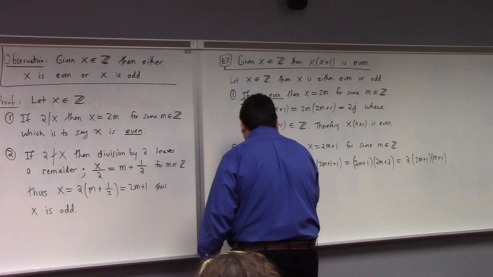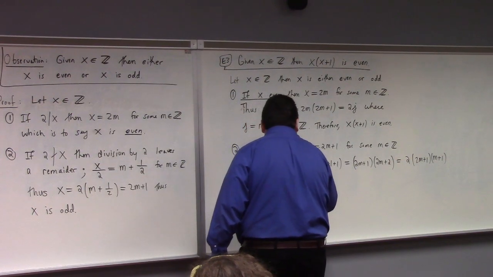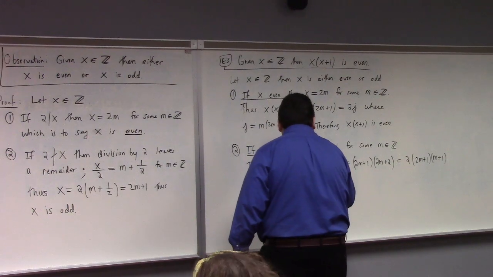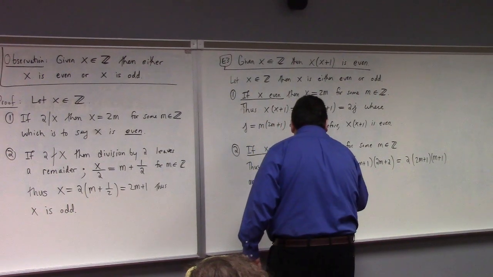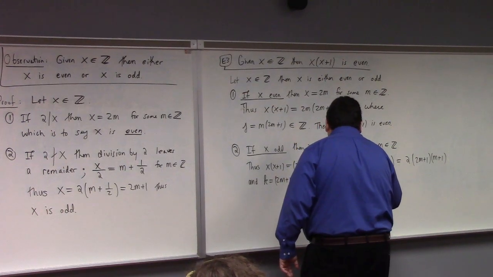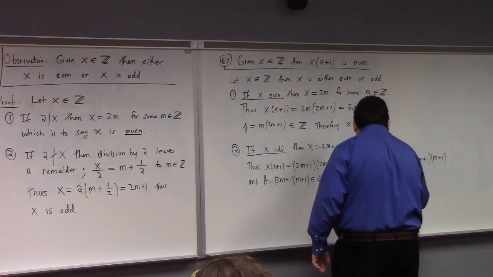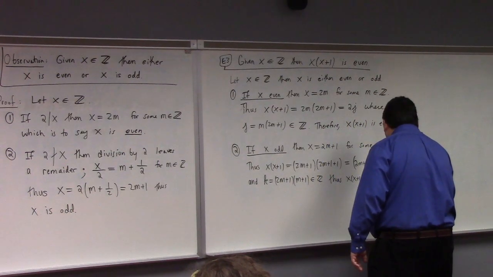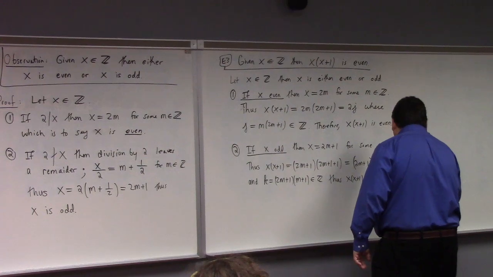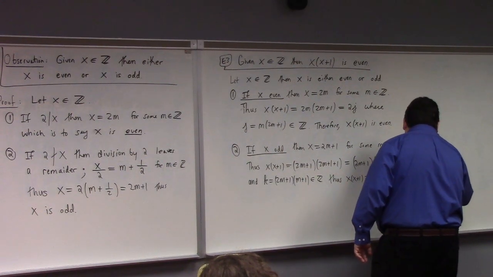And k, if you like, equal to 2m plus 1 times m plus 1, is an integer. Thus, x times x plus 1 is equal to twice k. Therefore, x times x plus 1 is even. And we're done.